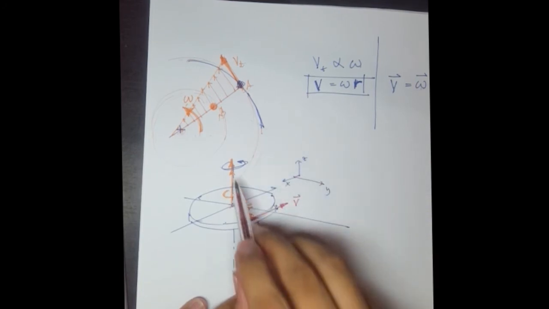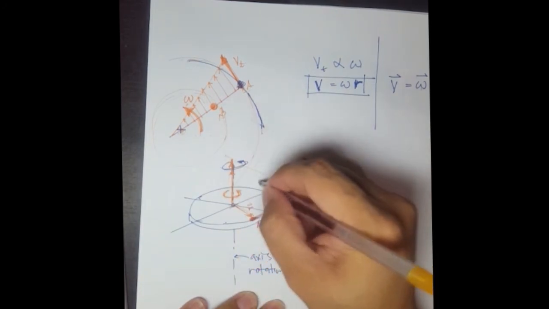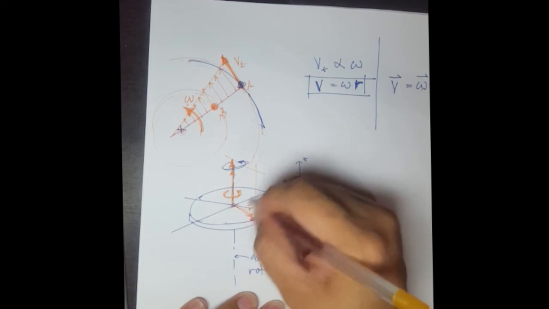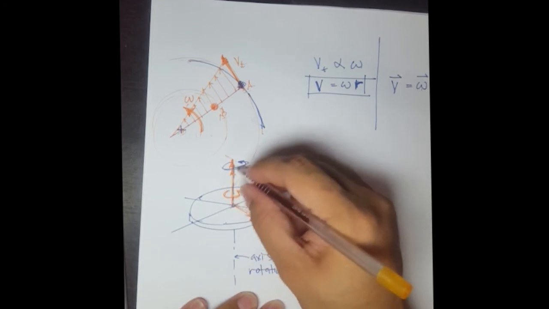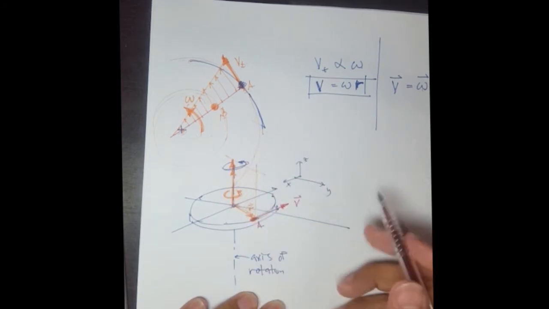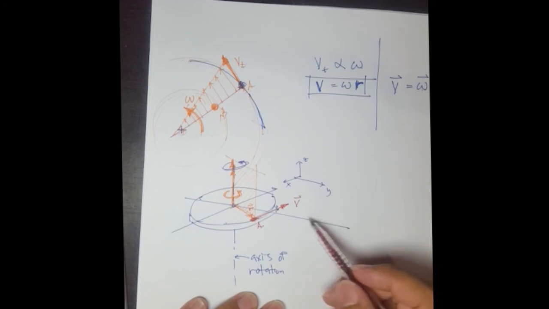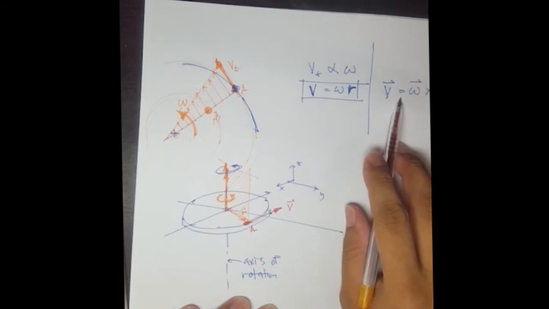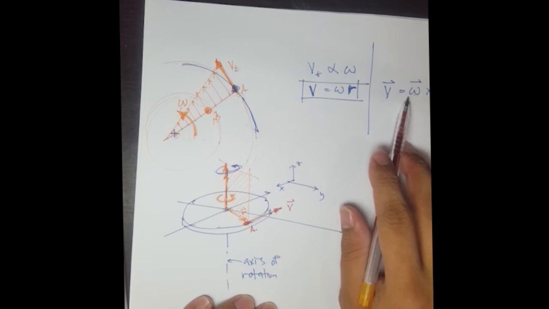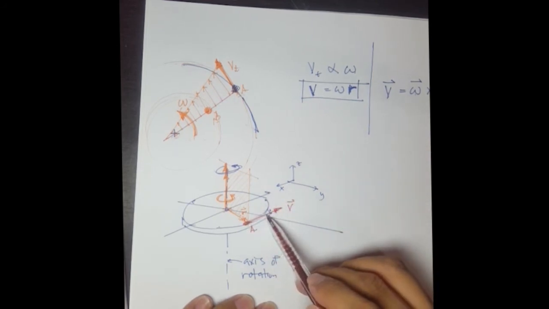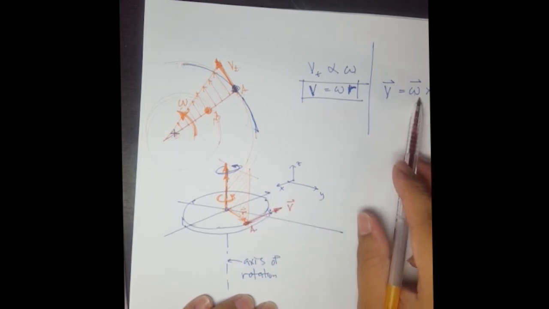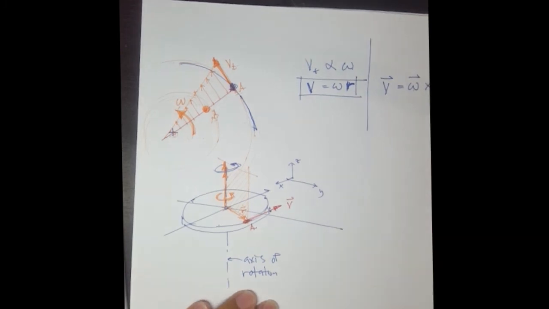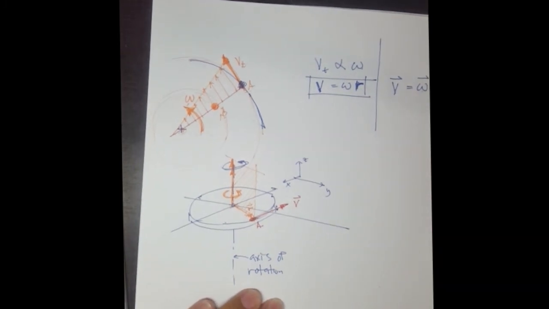If you can see, these two vectors are in plane to each other, so if you do the cross product, you'll get this one. So I think this is the illustration for this cross product.